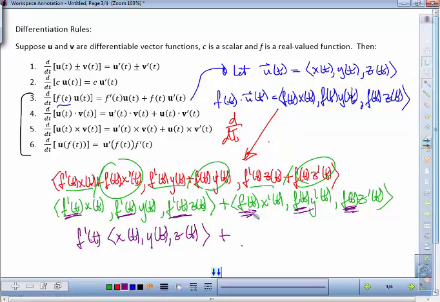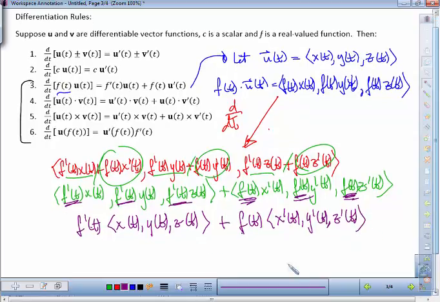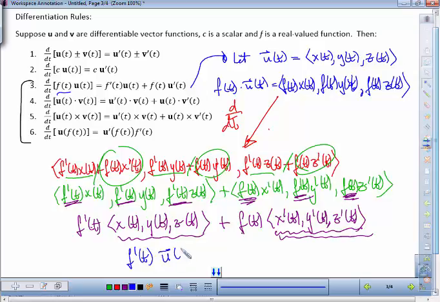They're all the same, so I could take f of t out, and what I have left in the vector is x prime, y prime, and z prime. And then I just note that this is u of t, and the second one is u prime of t. So that's it: f prime of t times the u vector, as defined up there, plus f of t times the u prime vector.